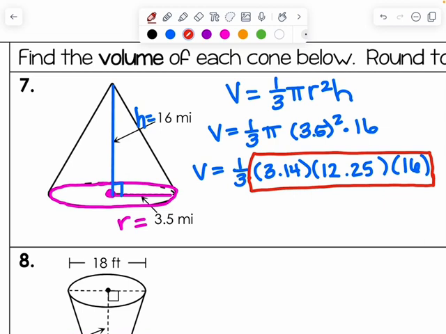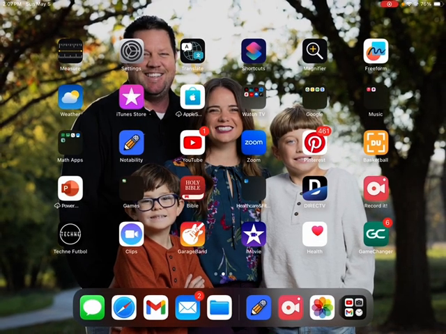Okay. Now, multiplying by 1/3 is the same as dividing by 3. So what I'm going to have you do, I'm going to have you put all of this in your calculator, and then when you get that number, hit divided by 3 equals. Okay, so maybe I'll even show you in my calculator here.